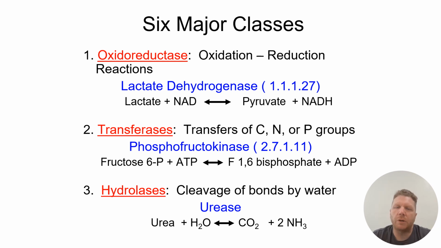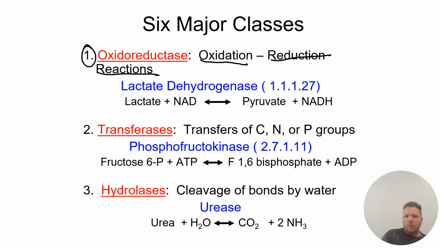Now, here's a deeper dive into these 6 classes. Number 1 are your oxidoreductases. These are oxidation reduction reactions. So an oxidoreductase enzyme is going to do a reaction where there is transfer of electrons, where there is oxidation and reduction taking place.